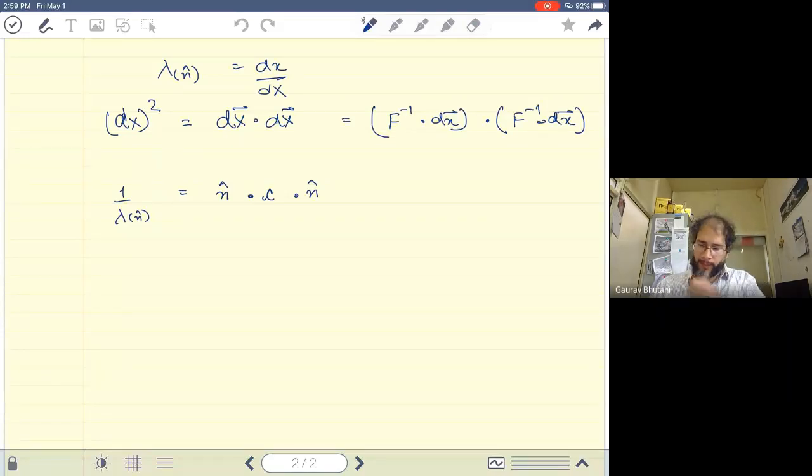All right. Now the question is, are they equal? They become equal when your capital N hat maps with small n hat.